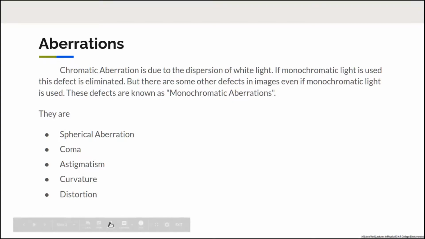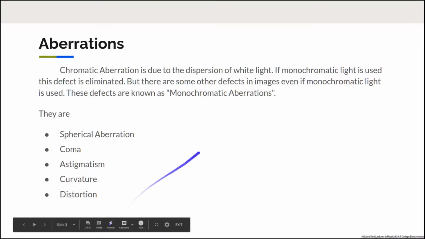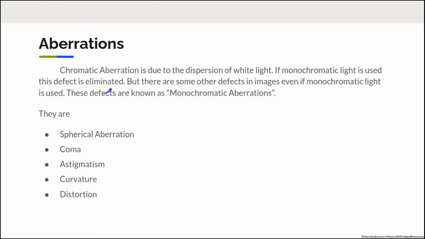Chromatic aberration is due to the dispersion of white light. If monochromatic light is used, this defect is eliminated. But there are some other defects in images even if monochromatic light is used. These defects are known as monochromatic aberrations.